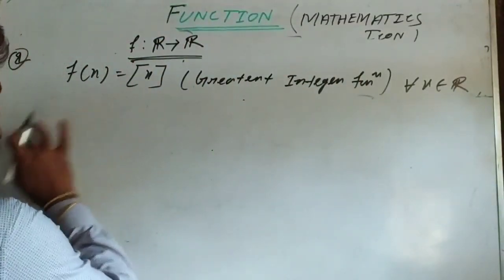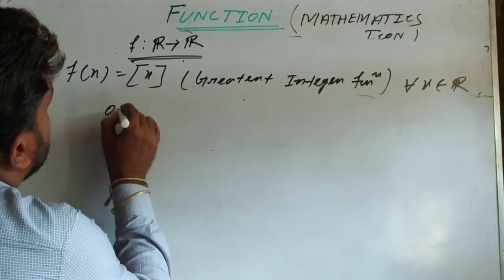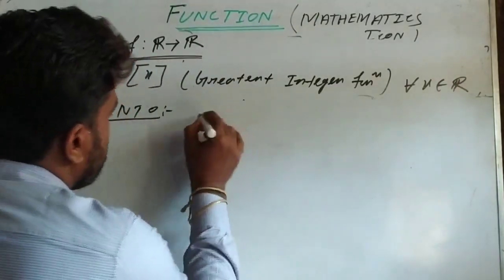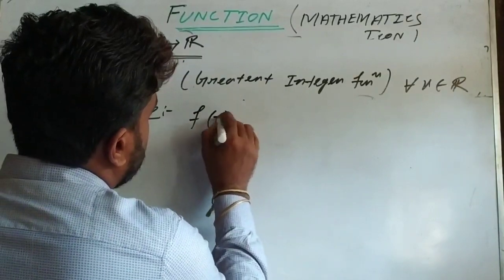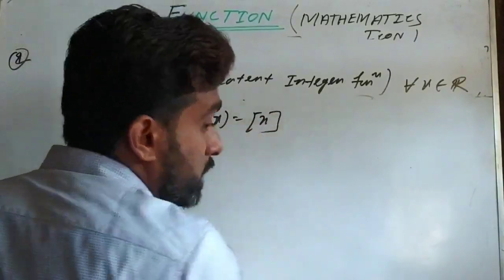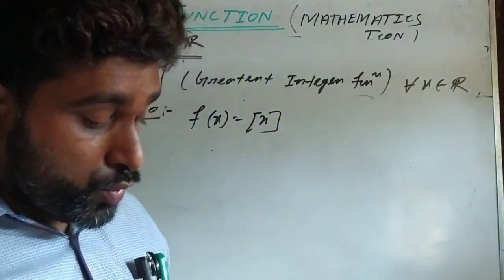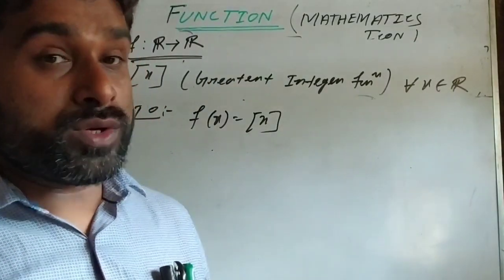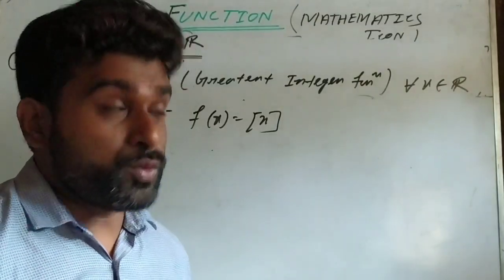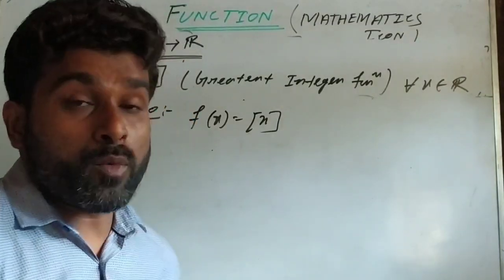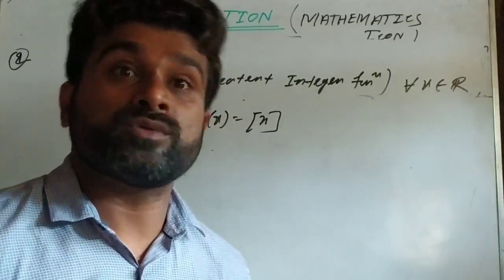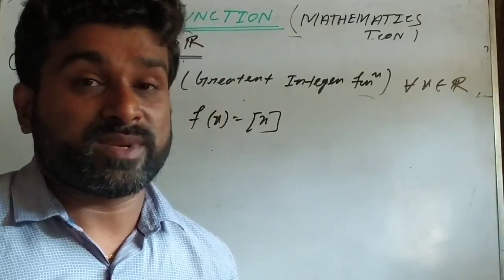So here, ontoness property. Here f(x) equals box of x. In this type of question, the process whatever I followed in lecture number 2, in this kind of question, mod and box functions, we cannot use those types of algorithms and steps.